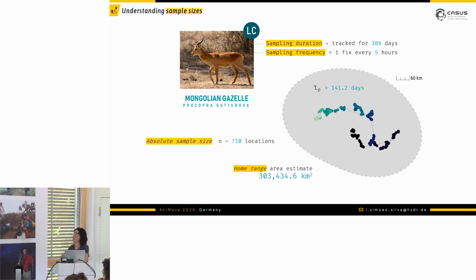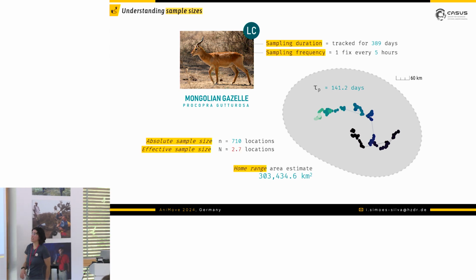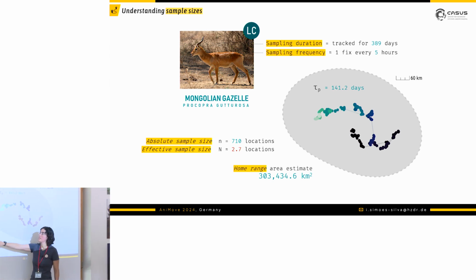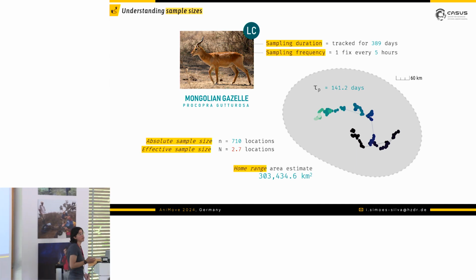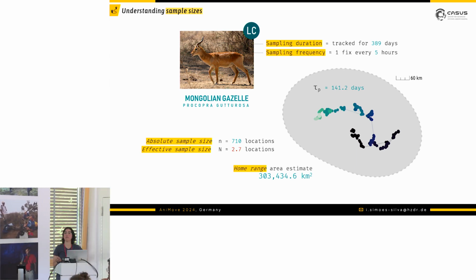As you saw in the animation, it's going very slowly across its home range. So as you can see from that rough estimate, if we divide the tracking duration by the tau p, the effective sample size is only 2.7 locations, right? So even if we have a year of data, it might not necessarily mean much.